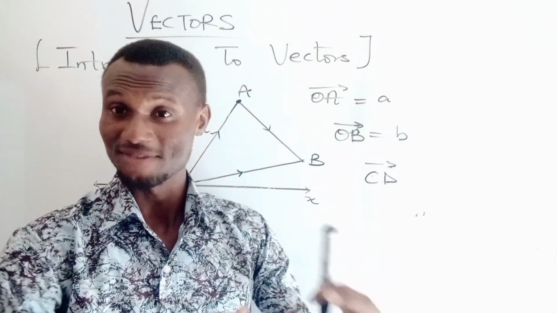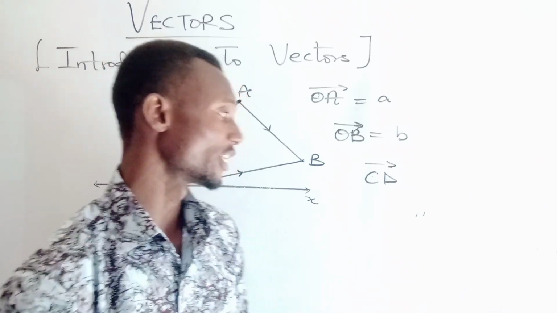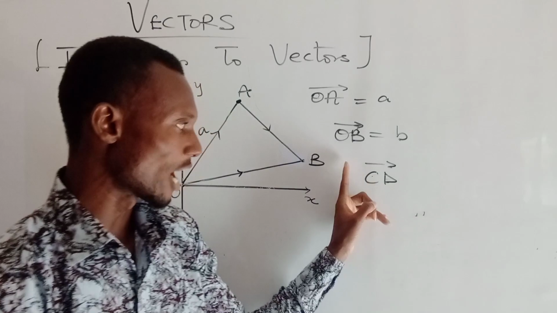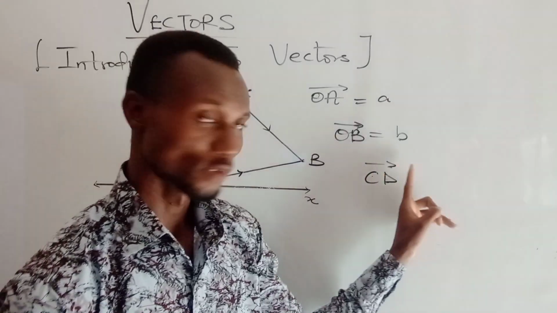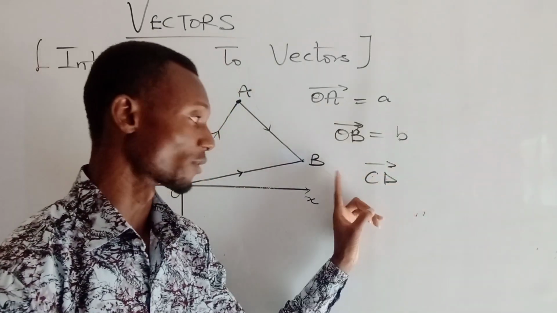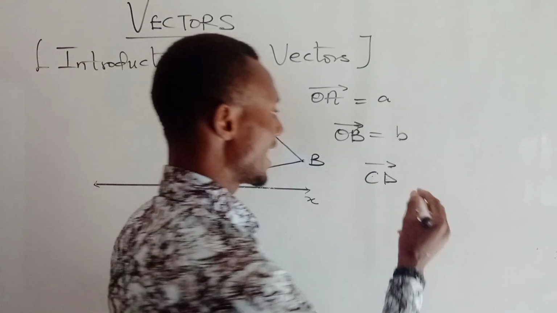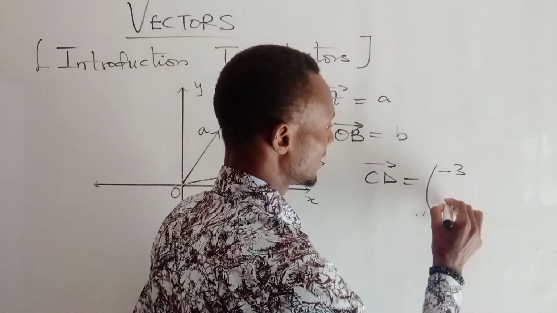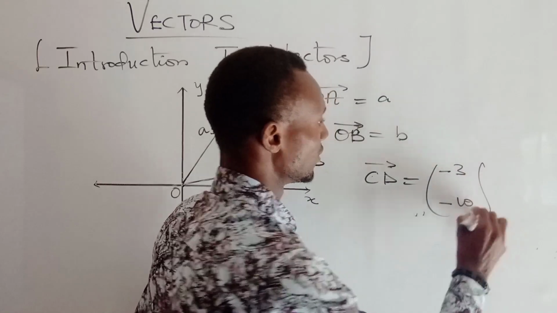That's what defines it as a vector, meaning that you are moving from point C to D, because the arrow is pointing towards D. Let's say I have CD equals to (-3, -10).